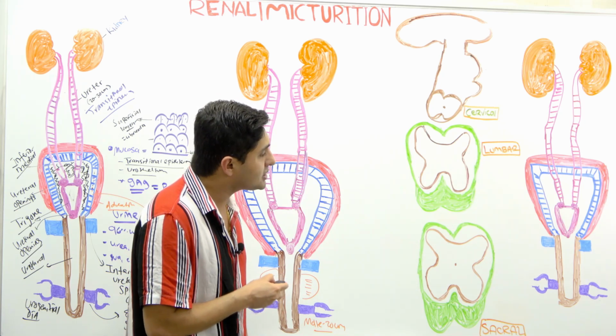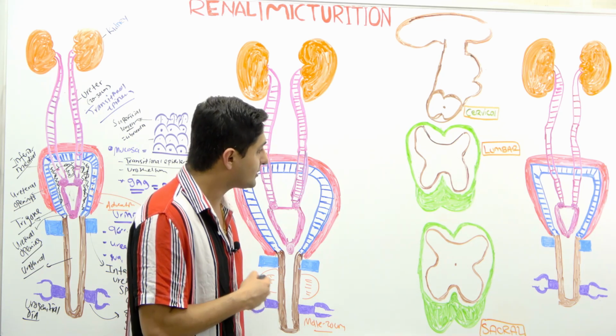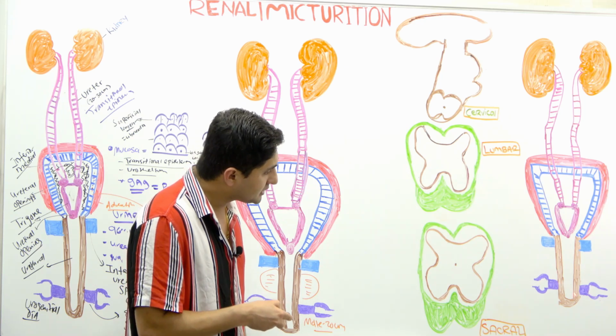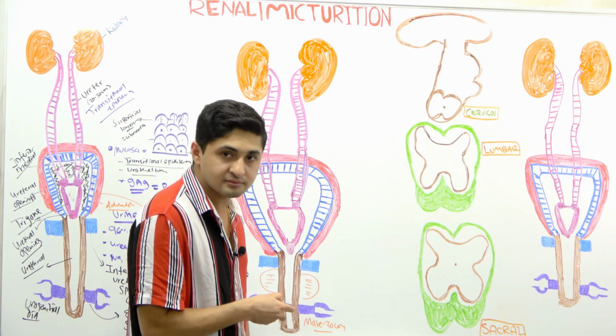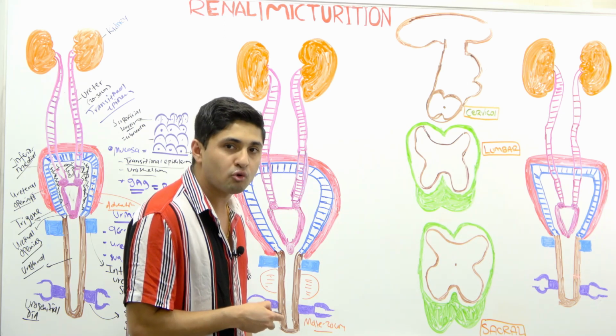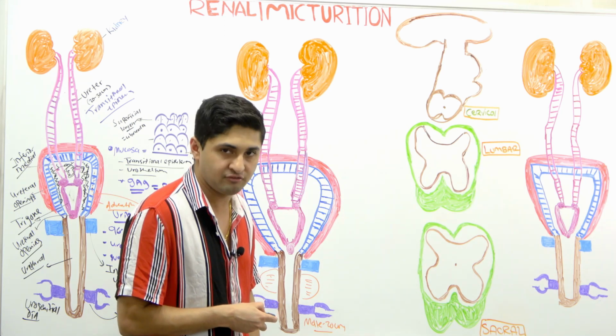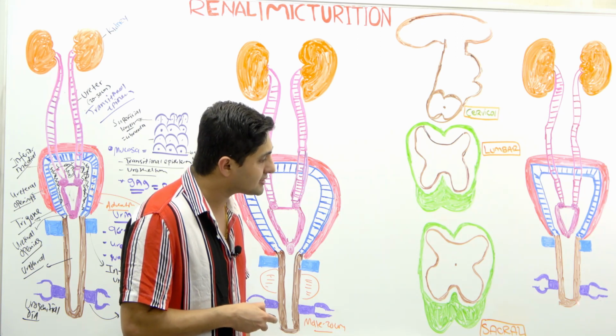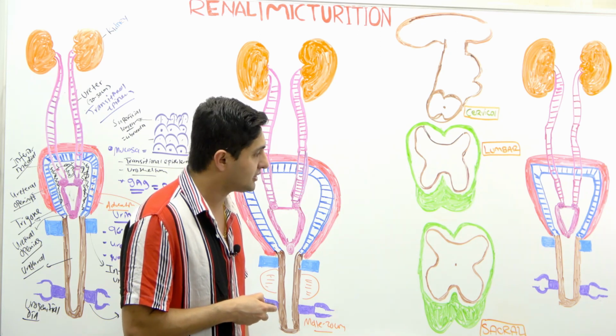Because of that, usually the bladder is smaller compared to the male, and the urethra is smaller, about 4 centimeters long. That is the reason females are more susceptible to urinary tract infections, because the bacteria can easily get up in there.